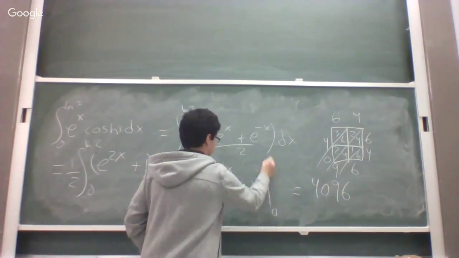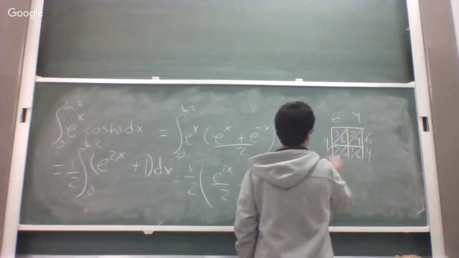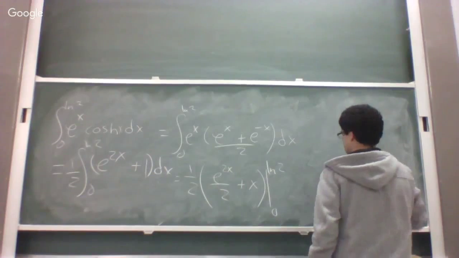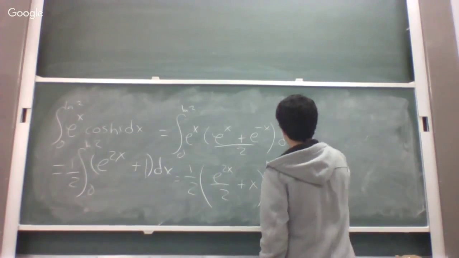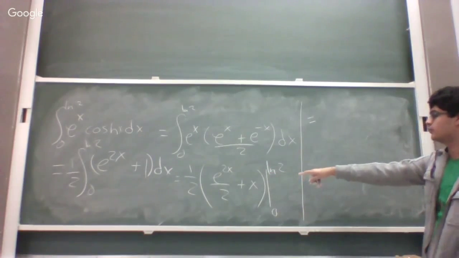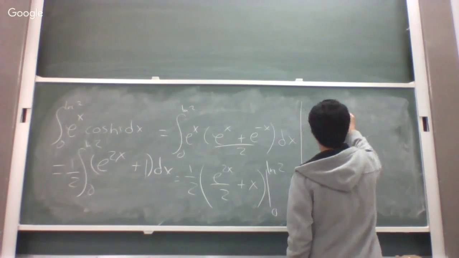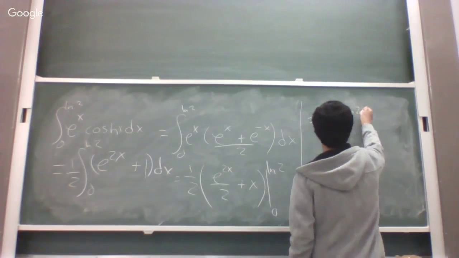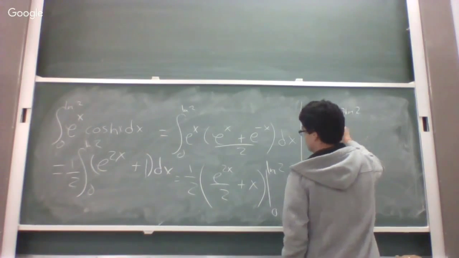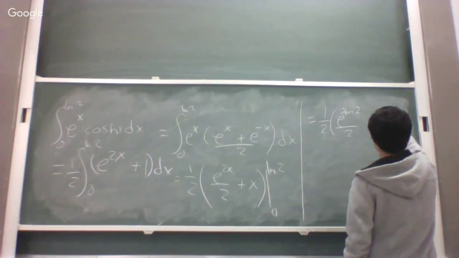From 0 to natural log of 2. So we plug in natural log of 2 in there. We have 1/2 times e to the natural log of 2, or 2, multiply 2 with that, all over 2, plus natural log of 2.